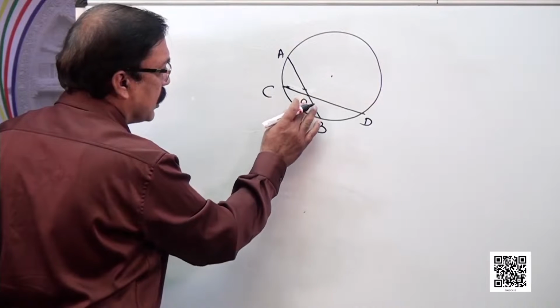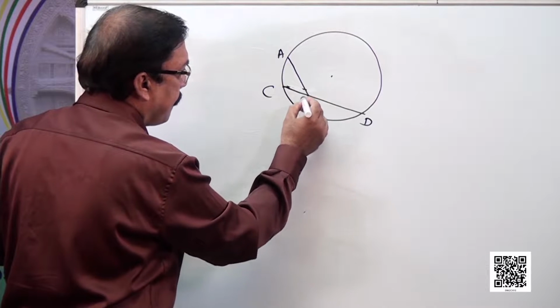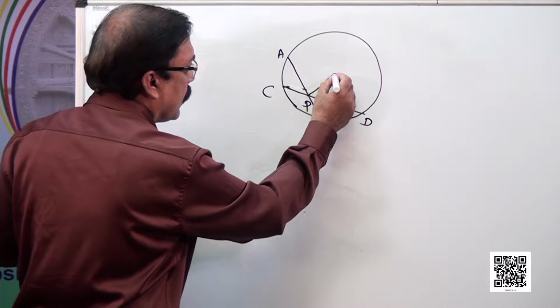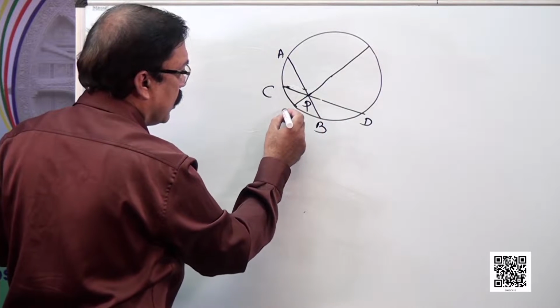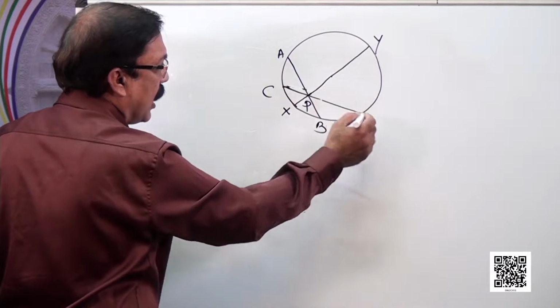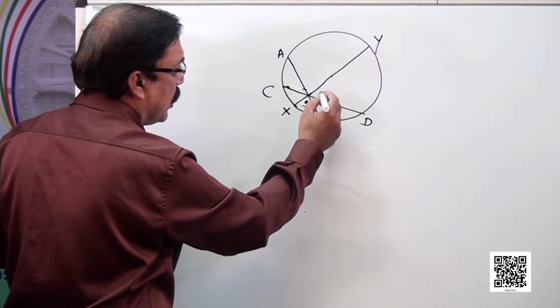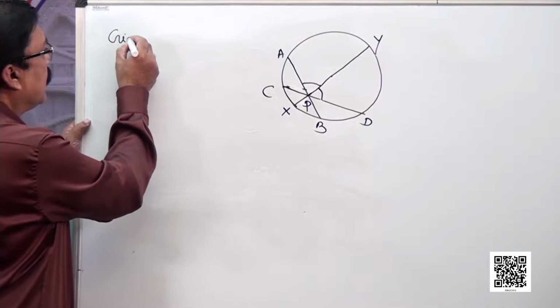This point of intersection, let it be P. The diameter through this point of intersection, say XY, bisects the angle APD. Let's see what is given.